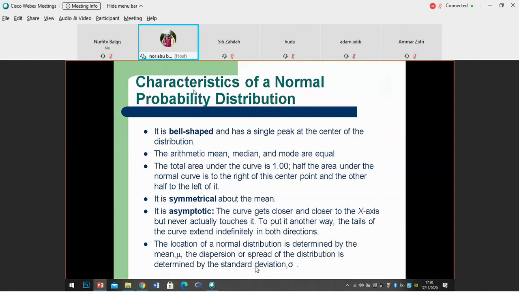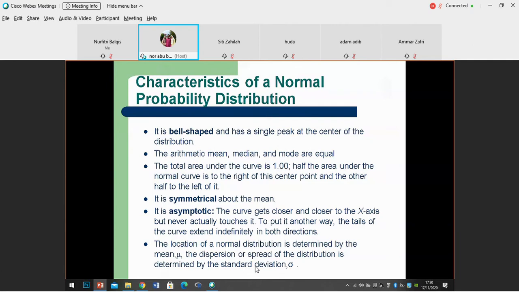Okay, first, it says that normal probability distribution has bell shape. Arithmetic mean, median, mode are equal. Bell shape tu macam mana? And then it also says here total area under curve is 1. Half of the normal curve is to the right and other half to the left. Boleh bayangkan tak? And it is symmetrical. Symmetrical maksudnya?